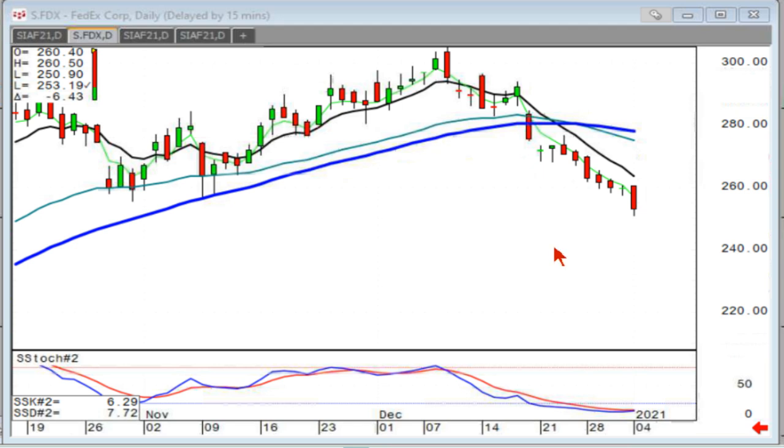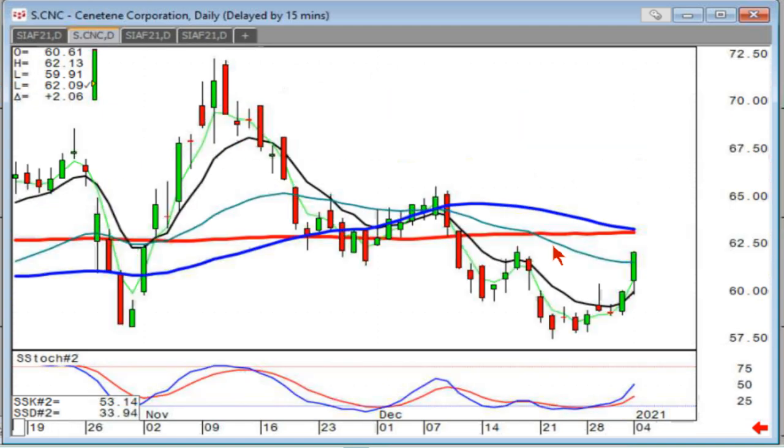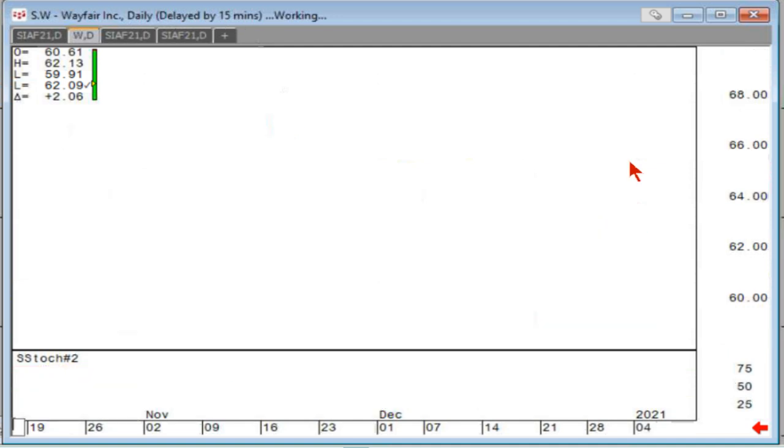It's time to cover when you start seeing a reversal signal. In CNC, we did this one. You want to see it get up through the moving averages. You've kind of broken this downtrend, but just watch to see what happens once it gets there.